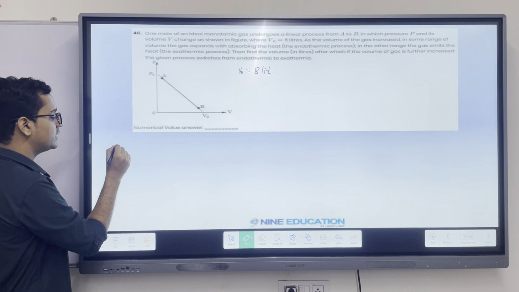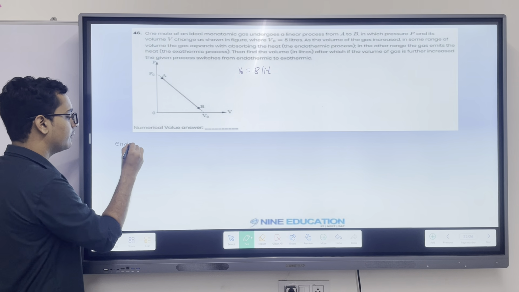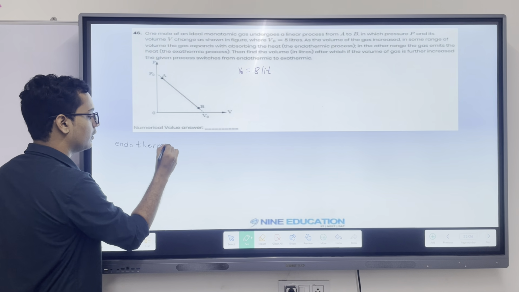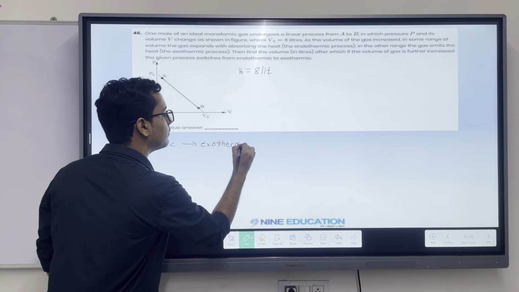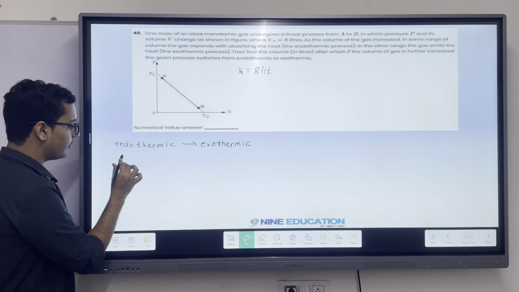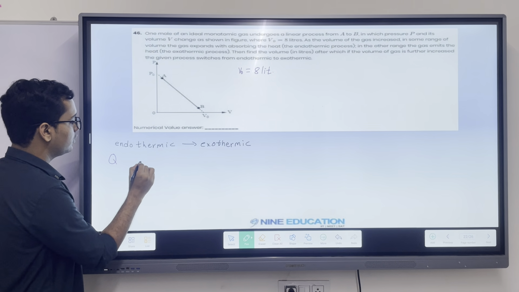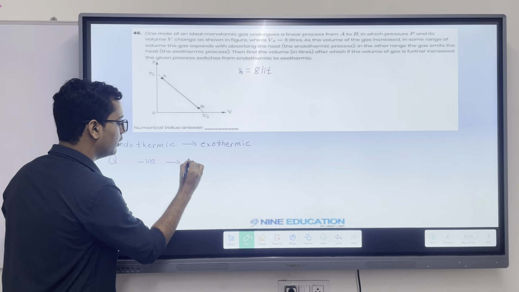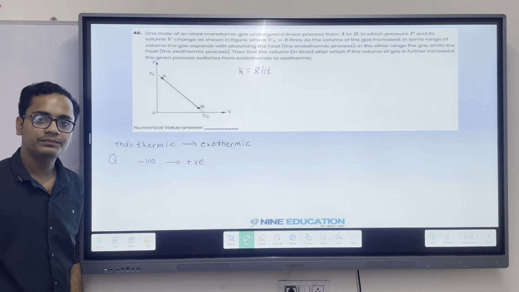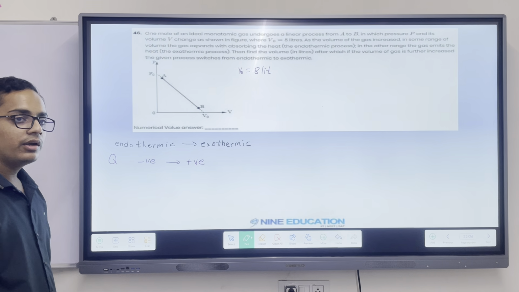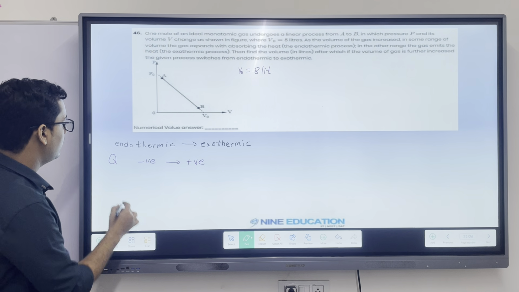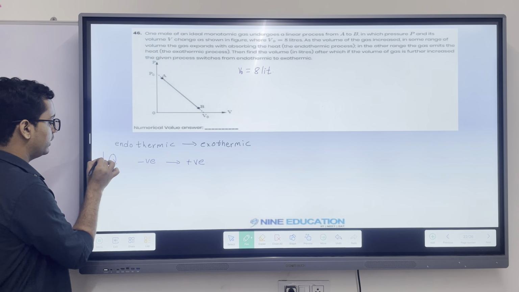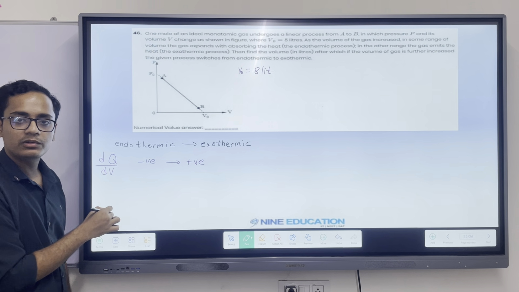So when the process goes from endothermic to exothermic, I can roughly say the Q value goes from negative to positive. When the Q value goes from negative to positive, dq by dv value goes from negative to positive.